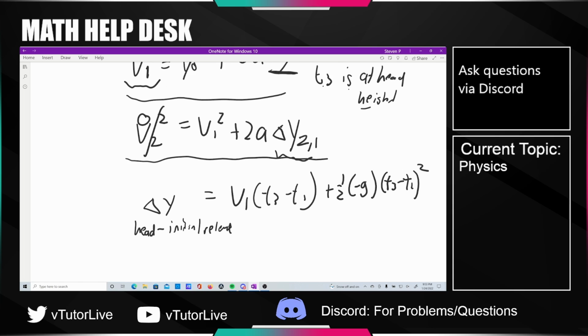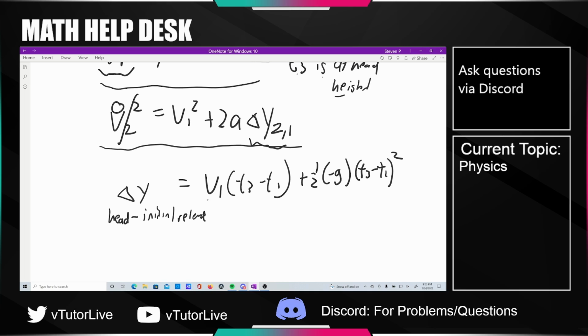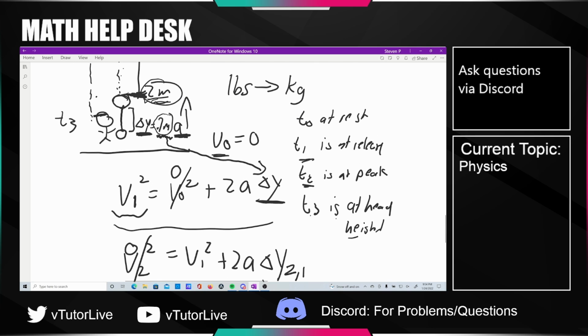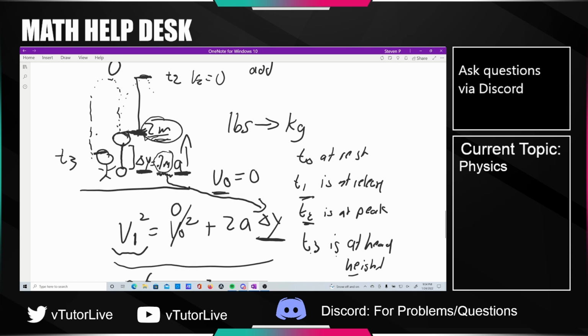And this time around I sort of just gave away the kinematic equation, but I hope it's relatively clear because you knew the initial velocity and you're being asked to find t3 minus t1, right? You're not being asked to find t3 and t1 independently, but you're asked to find the difference t3 minus t1. Oh, when you're referring to t3 and t1, as in we'll input t3 where t3 belongs and t1 where t1 belongs in that kinematic equation?